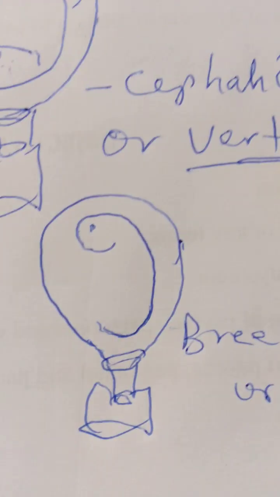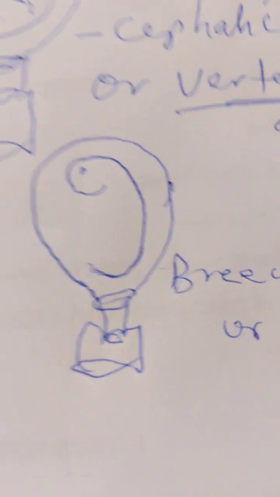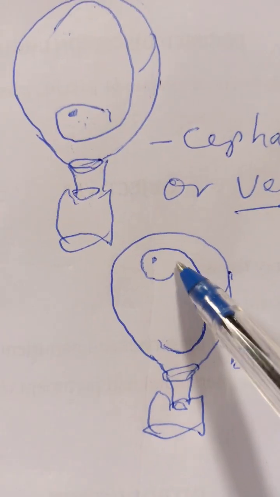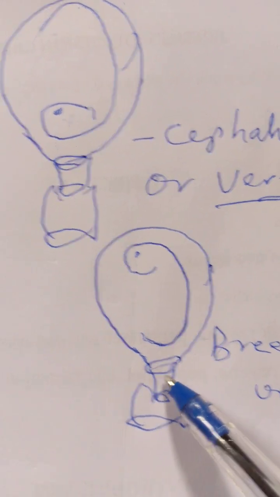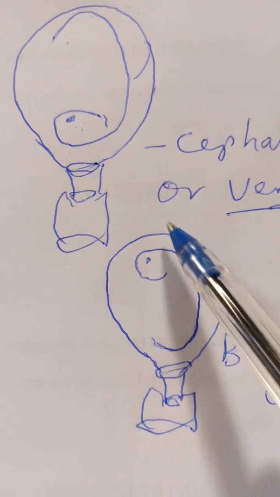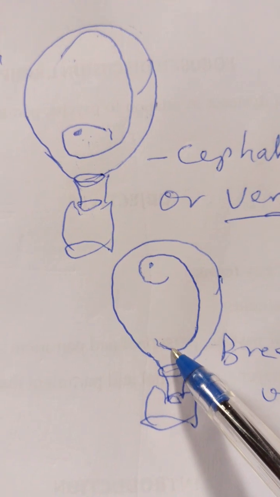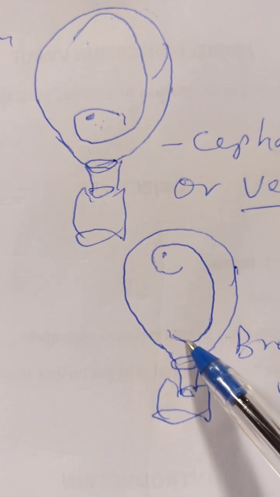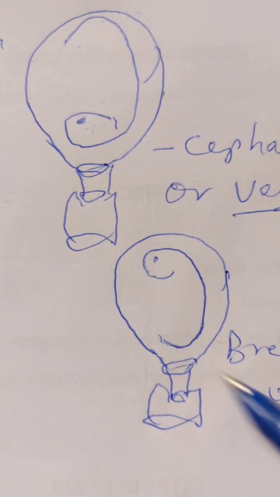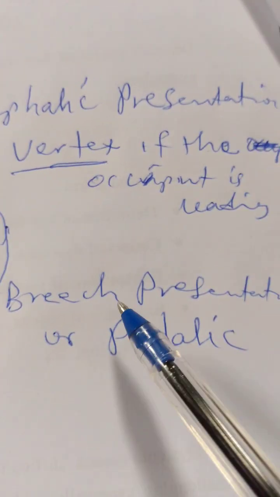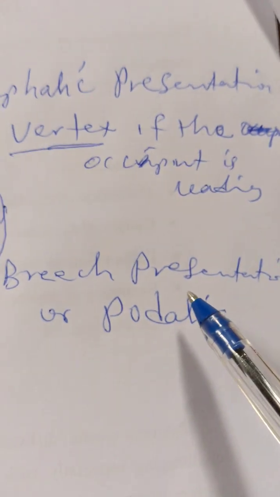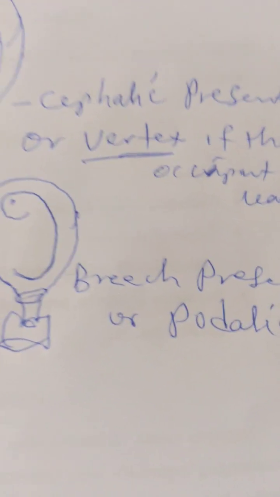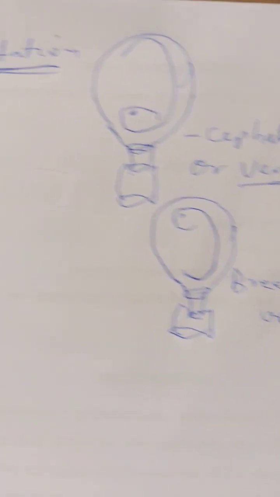In the next sketch, this is the womb as well sketched. And the baby inside is lying such that it is the buttocks that is lying lowermost. The head is inside up there. Down, lowermost in the uterus, is the buttocks. That type of presentation is called breech presentation, or podalic presentation.